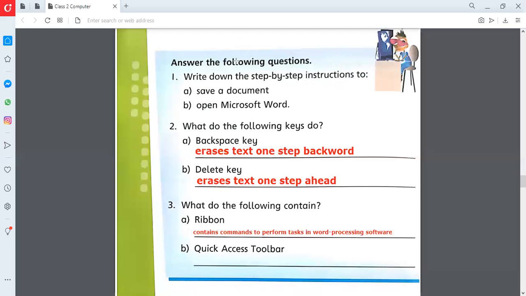So let me write the quick access toolbar contains. Let's write the answer there. Contains some most commonly used commands.